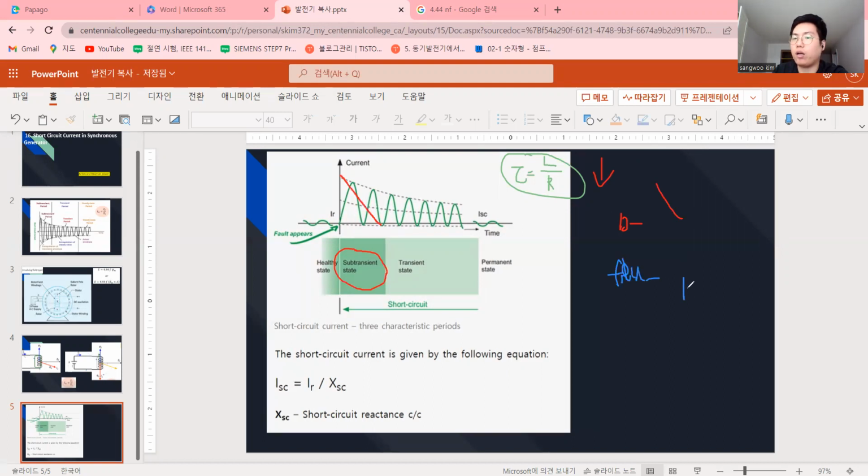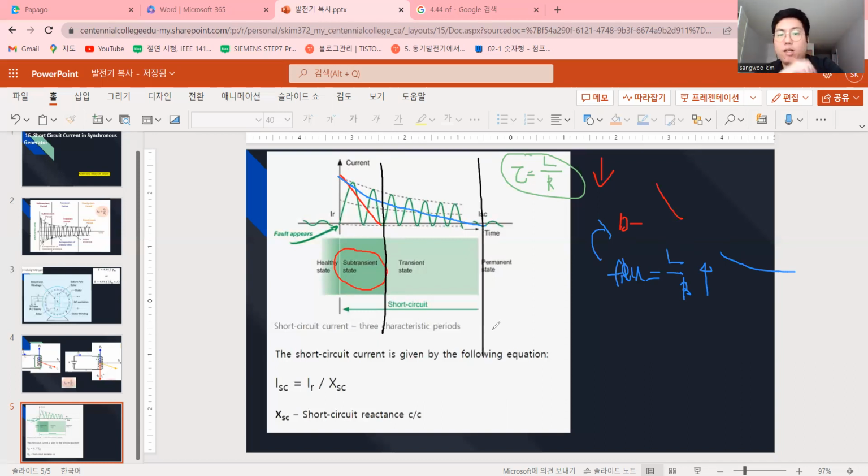The tau compared to the damper winding, the tau is big. Tau is big, which means it's not that sharp compared to these two, like this. So if I divide it here, you guys can see.